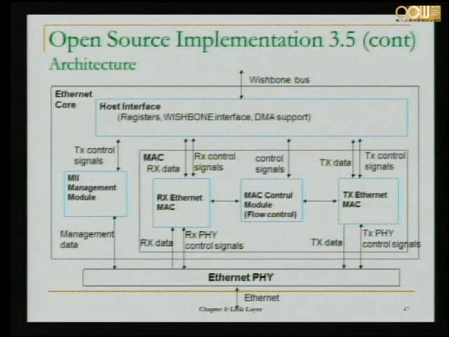Here you have seen 5 modules within an Ethernet core: the host interface, the MII management module, the receive Ethernet MAC, the transmit Ethernet MAC, and the MAC control module. Then you will see the signals between these modules. So you have the block diagram first.